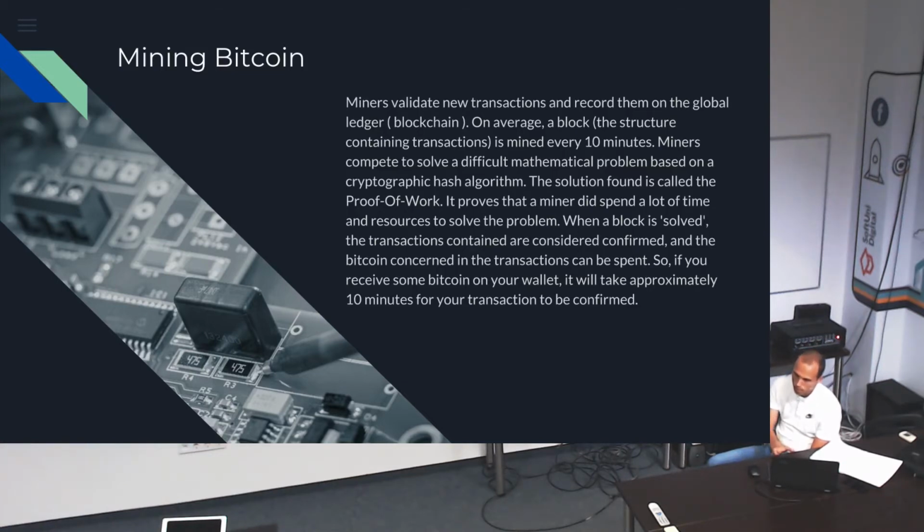If we find a number that gives 4 leading zeros, it's very easy to check if this is the correct answer. We spend a lot of time trying to find the correct answer, and we can check it in less than a second. This is how Bitcoin works in simple words: validating transactions and calculating hashes.